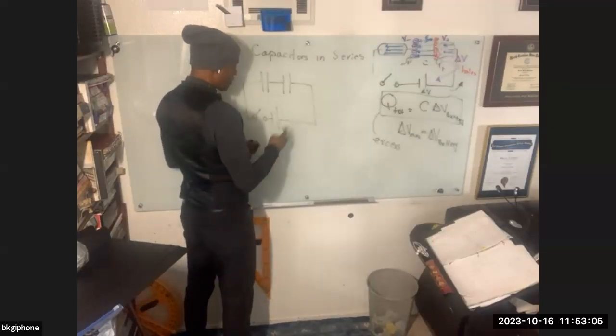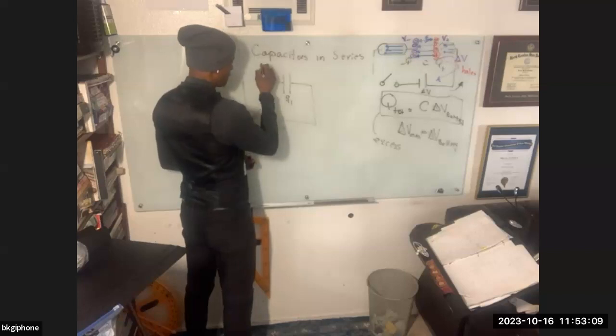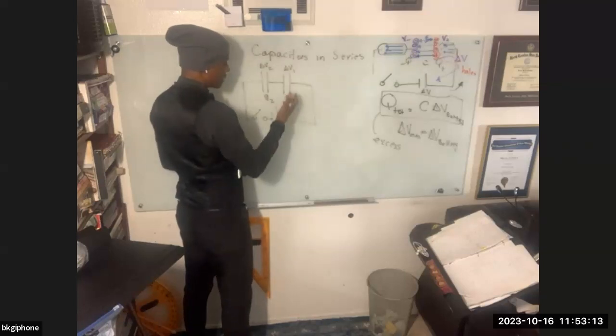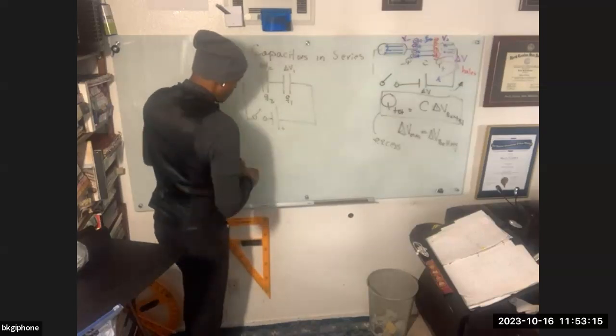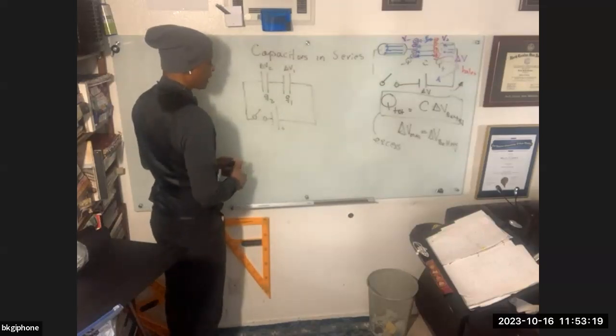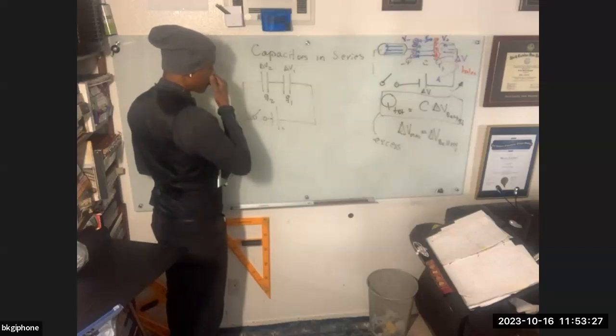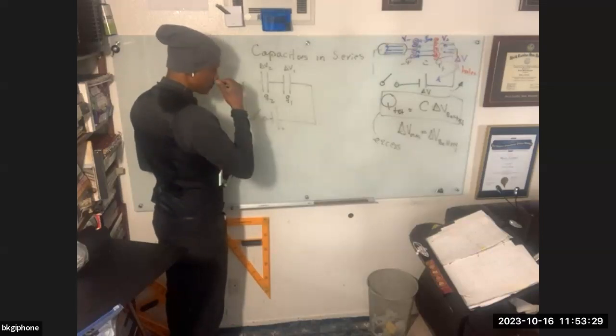So although we can talk about Q1 and Q2, and then a delta V2 and a delta V1, and also an E1 and E2, so we label them like that. So when we try to find an equation, essentially what we're doing is finding an equivalent equation or equivalent voltage.